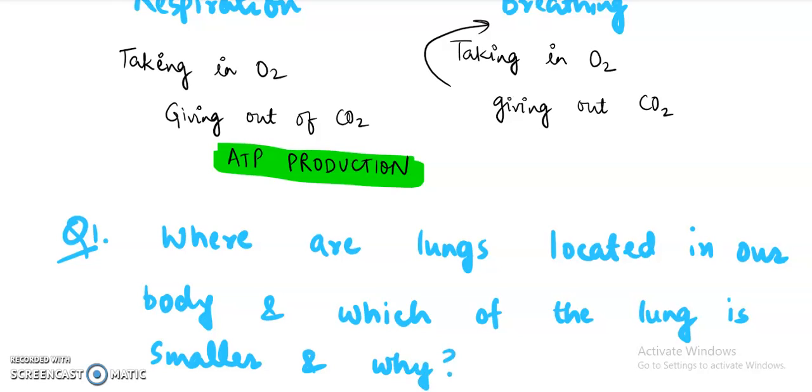You need to name the region of the body where we have lungs. Along with that, as you know we have two lungs, you need to name which lung is smaller and why it is smaller. You need to give your answers in the comment section of this video.